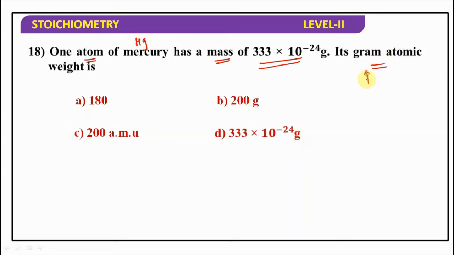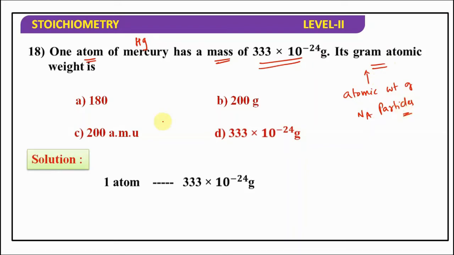Gram atomic weight is nothing but the weight of Avogadro number of atoms. If you see the solution, it is one atom mass. I want to calculate the gram atomic weight, in the sense of how many atoms I have to take: Avogadro number of atoms mass. Very simple. Then do the cross multiplication.